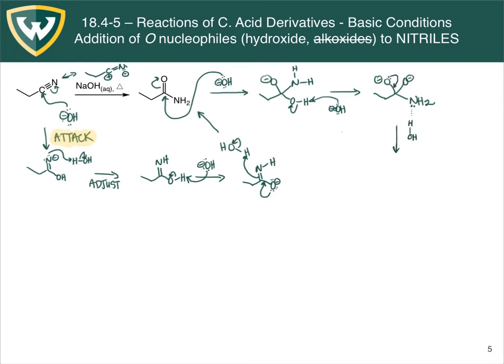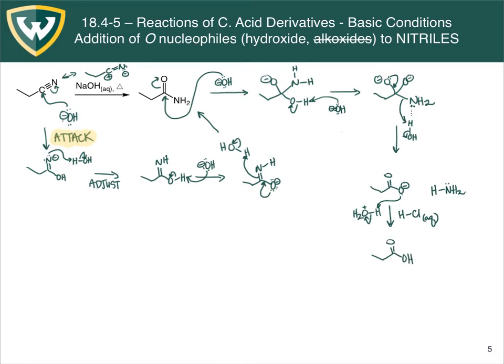And so we'll reform the carbonyl and then get that proton. And this is what is going to be hanging out in your flask until you cool the reaction down, and probably even put it in an ice bath and then add aqueous HCl, and that's going to do the protonation step to give the carboxylic acid.